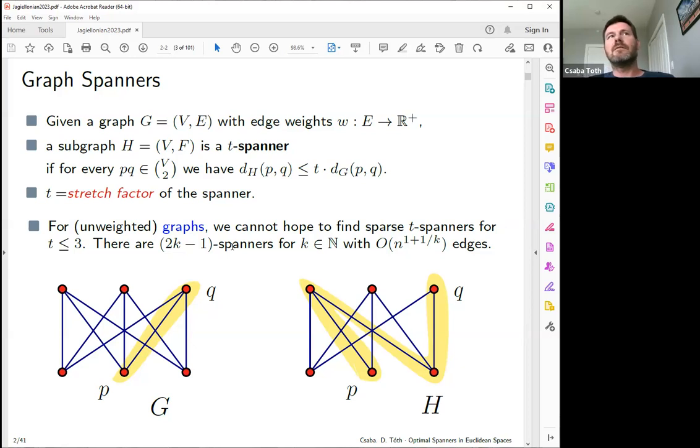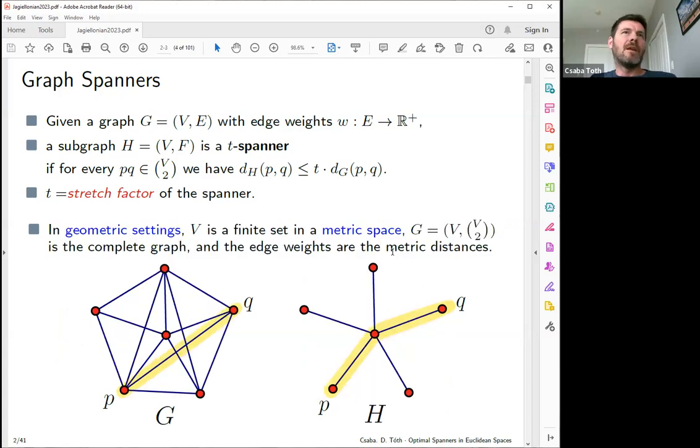In general, a 2k minus 1 spanner can be achieved with this exponent. It's super linear, but the exponent goes to 1 as k increases, and this is conjectured to be optimal pending Erdős's Girth conjecture. So this regime is well understood.